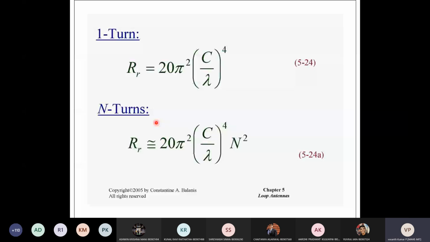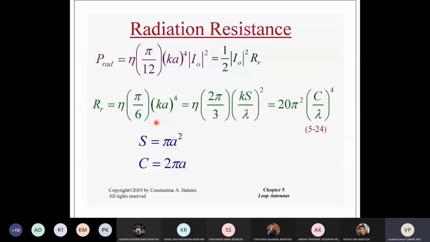Since current is squared in the expression, half I naught square, here it should be n I naught whole square, because flux produced by one turn will link with all the turns. So that's why the radiation resistance will be n square RR. N square will come outside, n square RR. Have you got it?